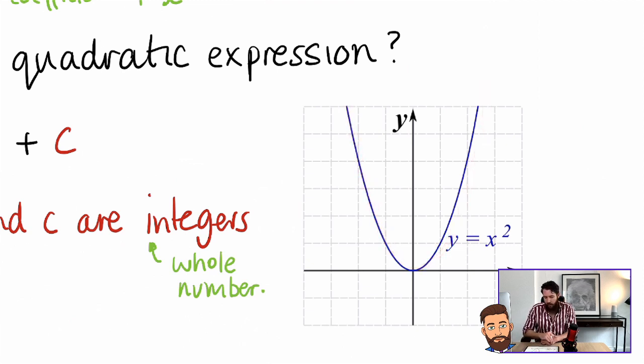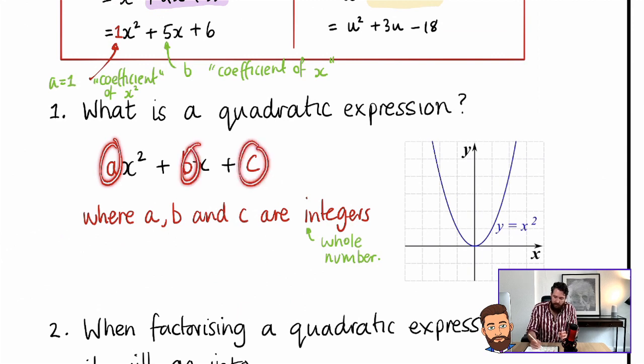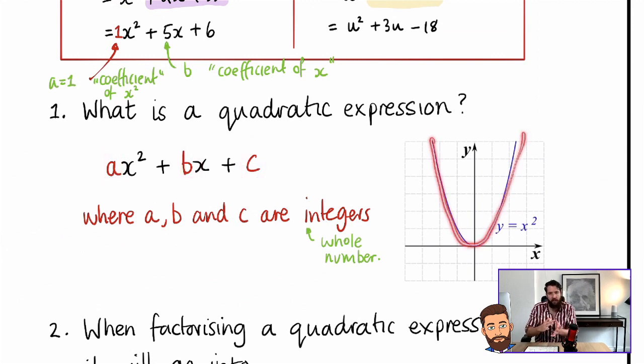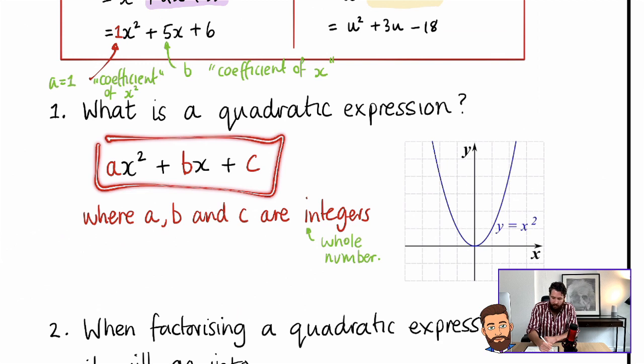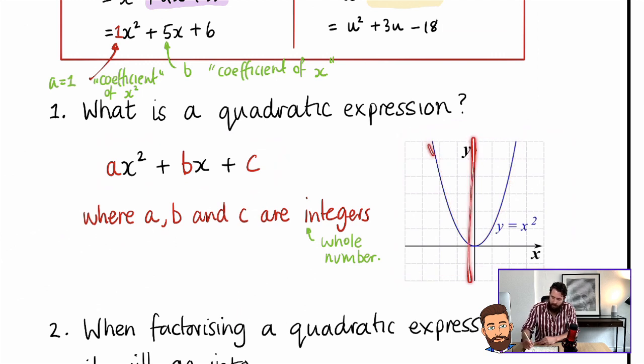You don't need to know how different elements of A, B, and C, when we change them to different numbers, make the curve take a different form and move around. We won't look at that today. All you need to know is ax squared plus bx plus c is a quadratic, and they look like a smiley face, a smooth parabola. Okay, and we will go on to lessons about that.